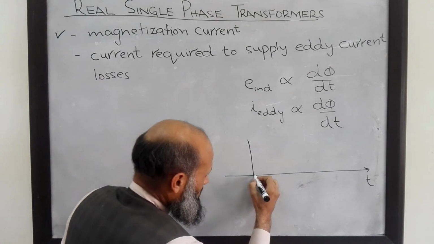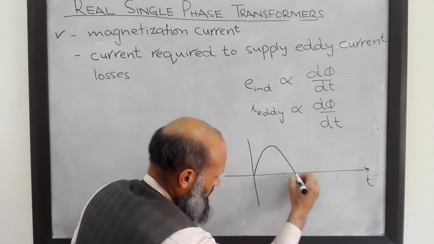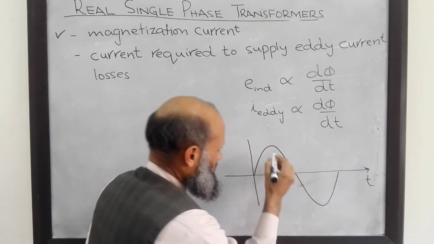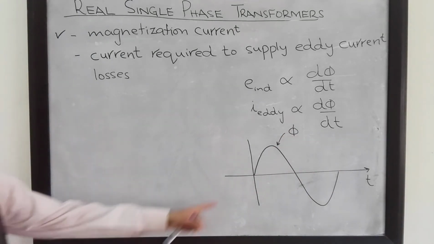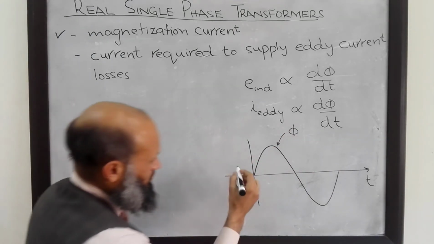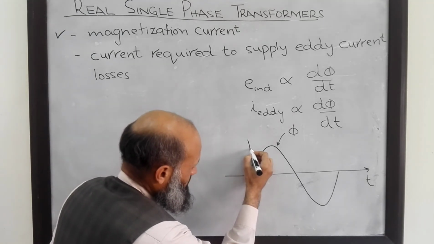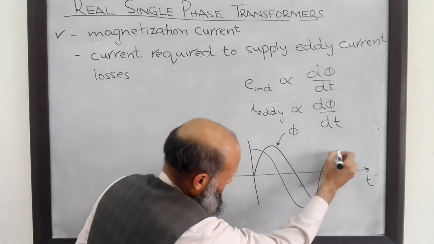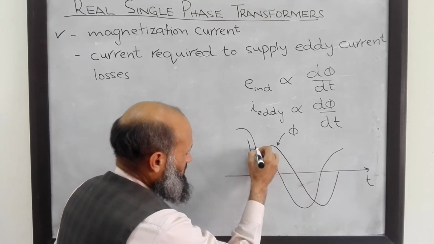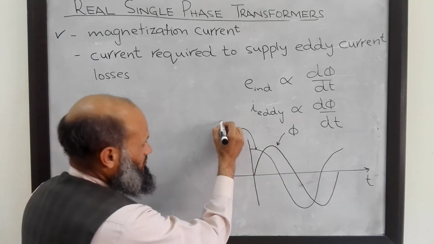Here is the graph of flux, and we know that the primary voltage was given by this graph. This is the graph for primary voltage.